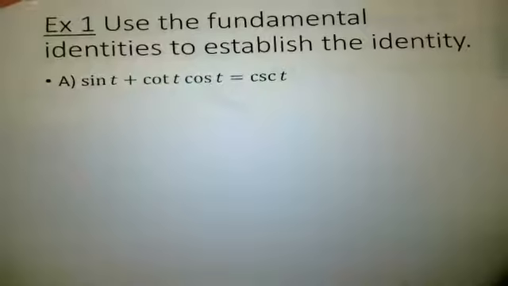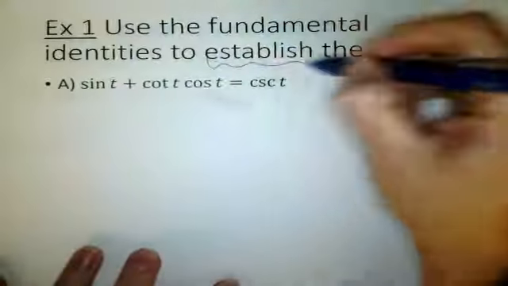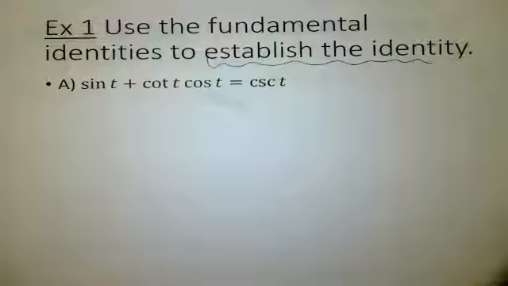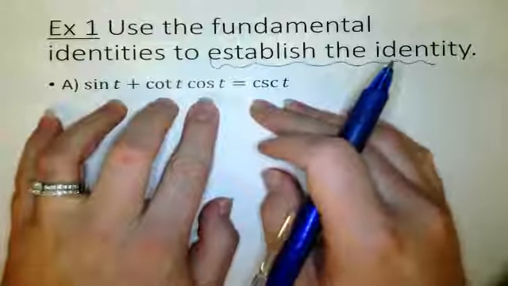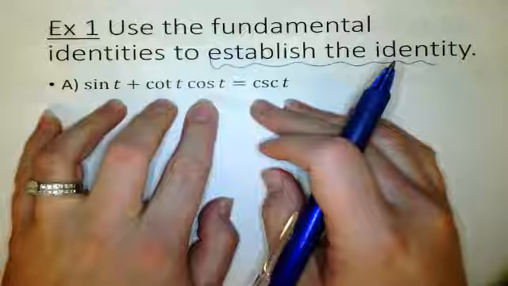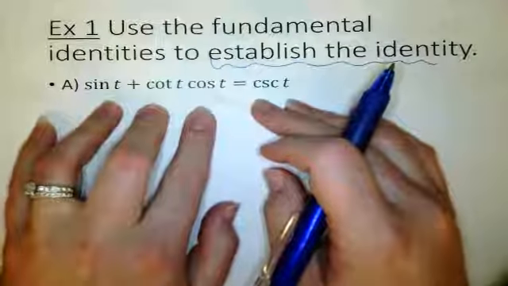All right, example 1. Use the fundamental identities to establish the identity. You're going to see some phrasing called establishing the identity or verifying identities. What that means is they're telling us, hey, these two things are equal. And the math teacher's favorite phrase, but why? Your job is the but why part.